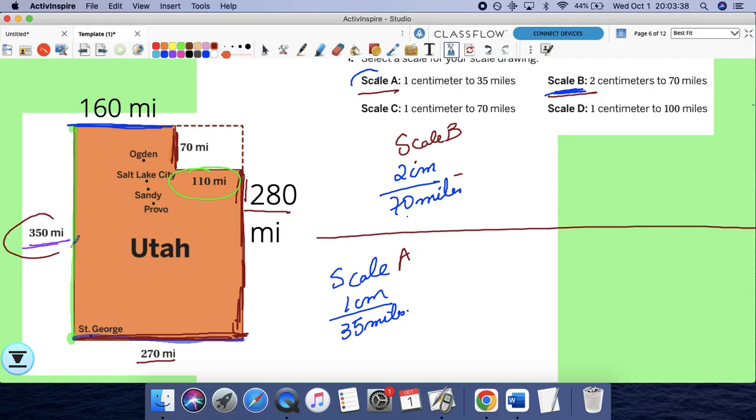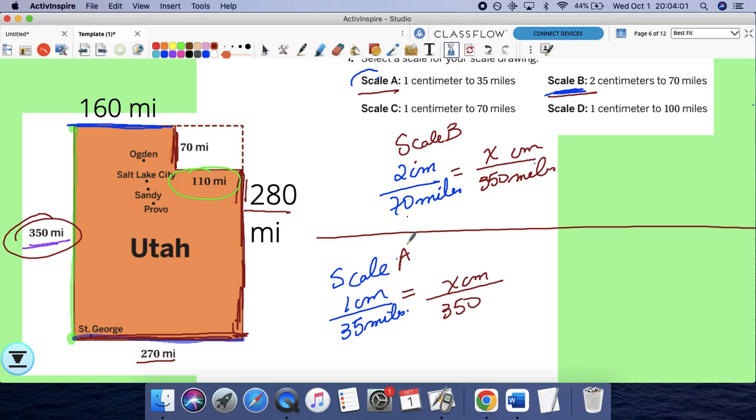Let me do 350. What is 350 miles in centimeters using this scale here? So centimeters on top, miles at the bottom, and we want to change 350 miles to centimeters. So 350 miles, x, and then let me do the same thing at the bottom.